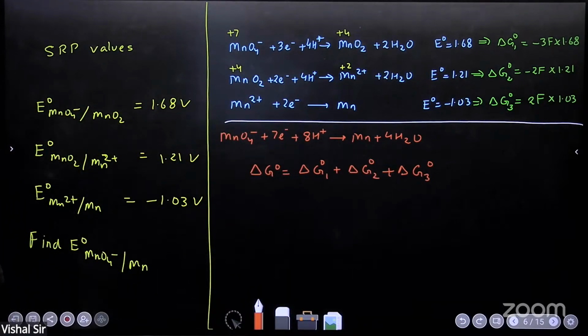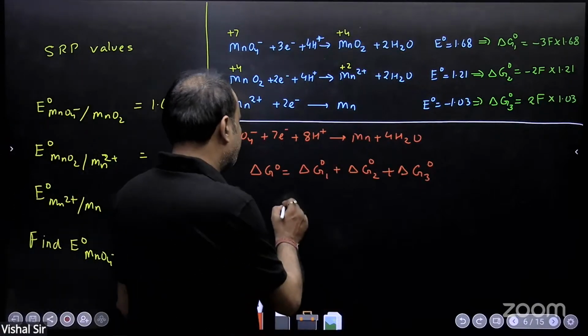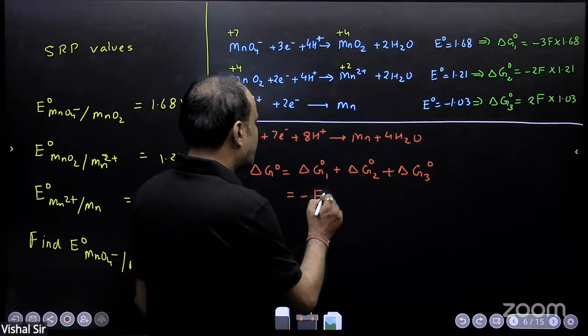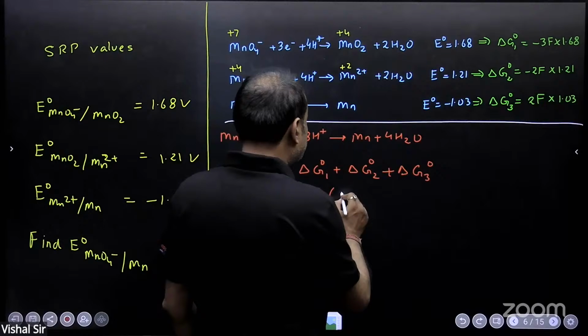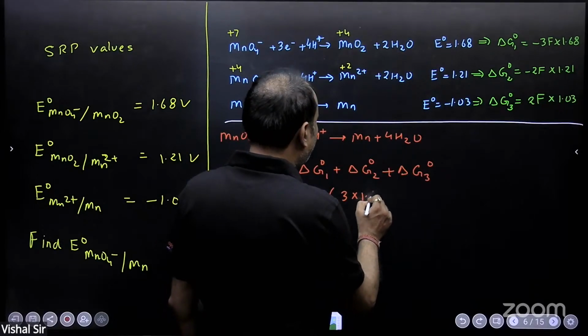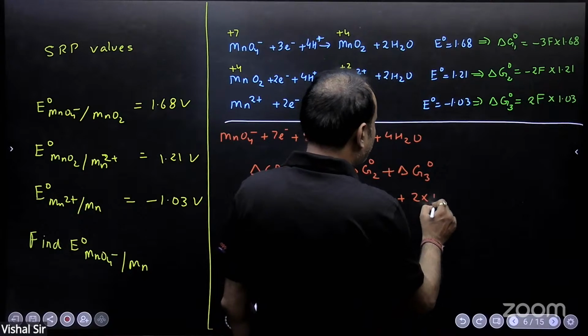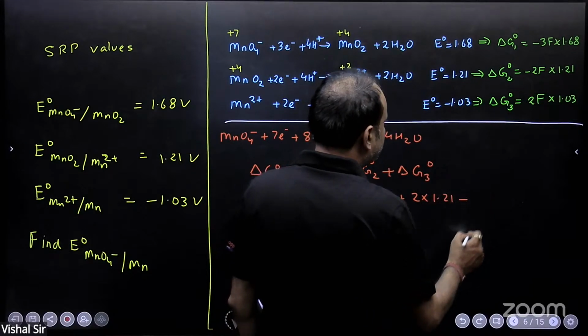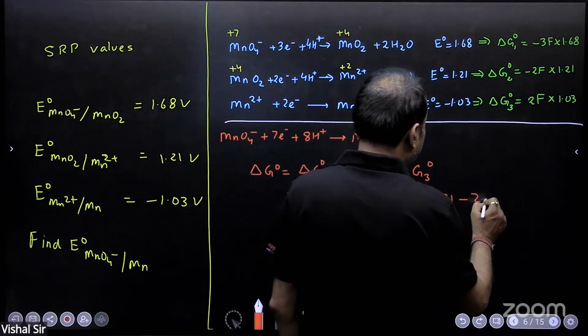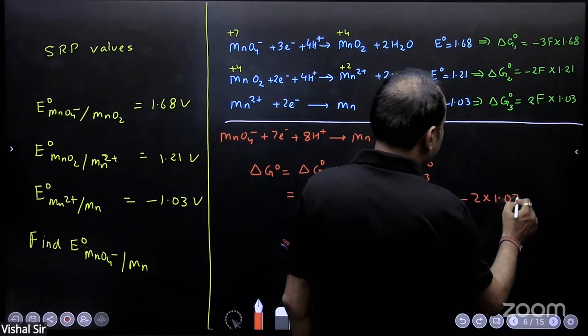So let's add all these three, taking minus F common. This will become 3 into 1.68 plus 2 into 1.21 minus 2 into 1.03.